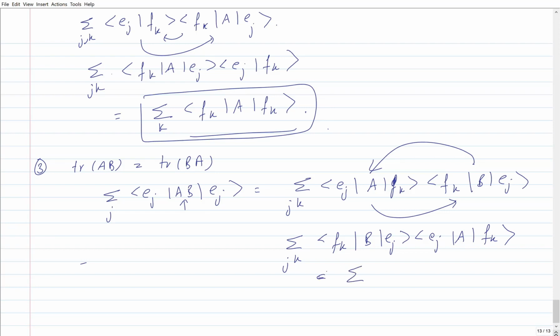This is going to be fk, BA, fk. So evaluating trace of AB is the same as evaluating trace of BA.